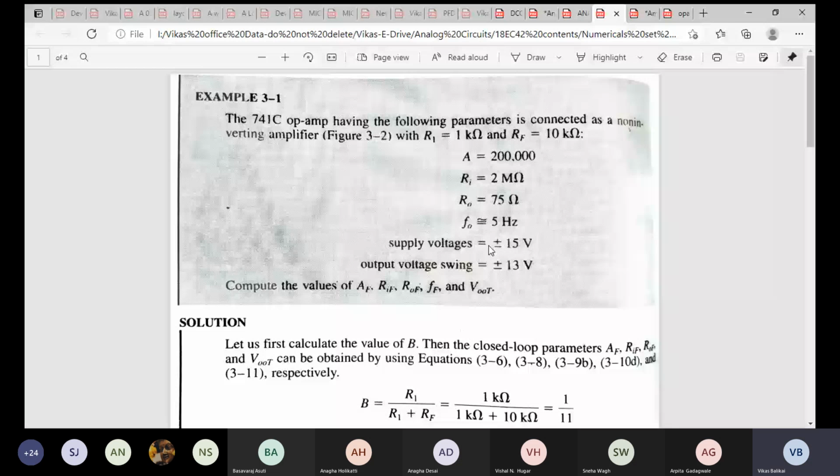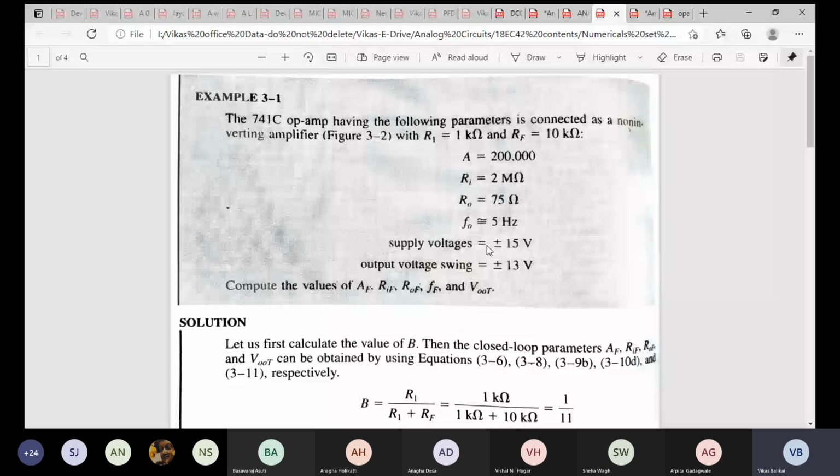But when I give the opamp a supply voltage of 15 volts, I will not get an output greater than that. I am going to show you this when we talk about comparator circuits in the application sections, how the output voltage gets clipped off, how the peaks of the signal get clipped. But please remember, the maximum level of amplification that can happen is restricted by the supply voltage.